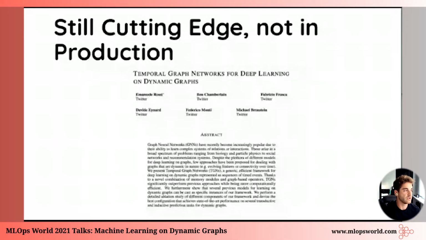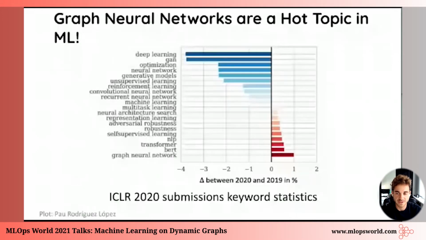First of all, why graphs and why graph neural networks? This is a chart taken from ICLR 2020 submissions keywords. ICLR is one of the main machine learning conferences.